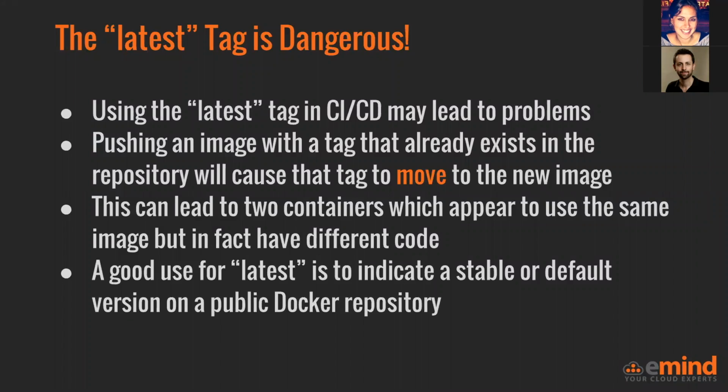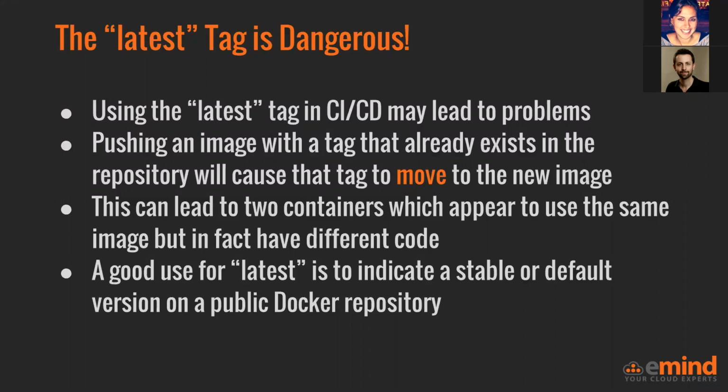Now, some of you may be tempted to use the latest tag simply because it's the default without realizing the implications. So allow me to warn you there. If you use the latest tag in a CI/CD process, you might encounter weird problems. The main reason for that is simply because it's a static tag. It doesn't change.